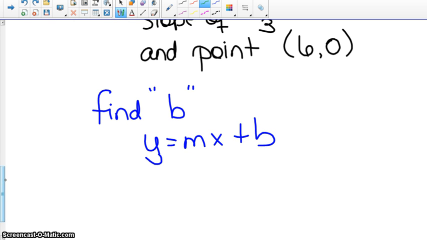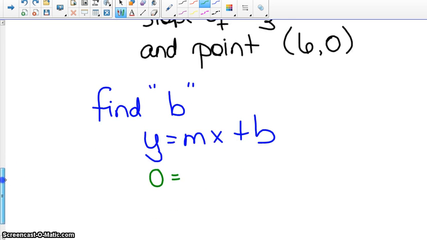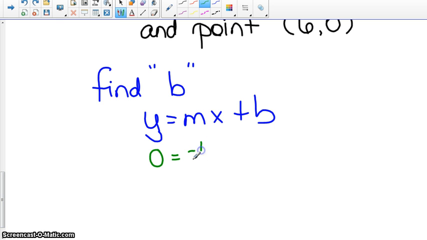So what we're going to do here is say the y value would be 0, because remember, all points on a line satisfy this equation. M is going to be -1/3. X is going to be 6. We don't know what b is.